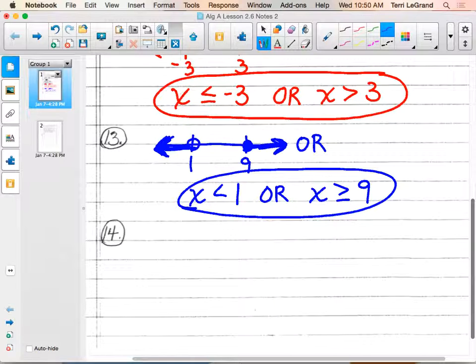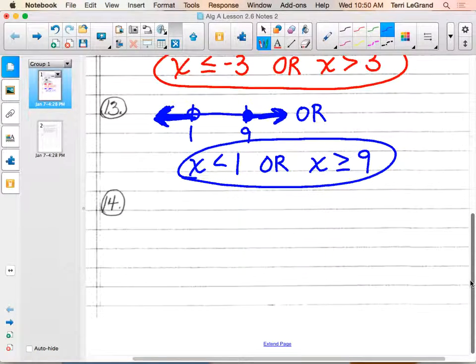Okay, why don't you finish up with 14 now then? Reproduce the graph on your paper first, showing what your compound inequality is going to represent.